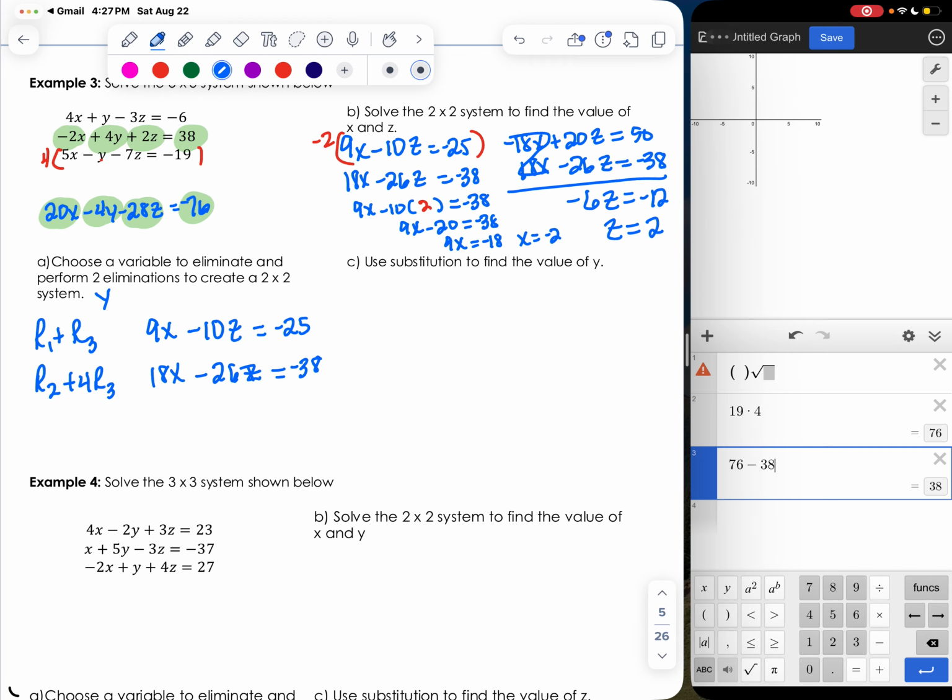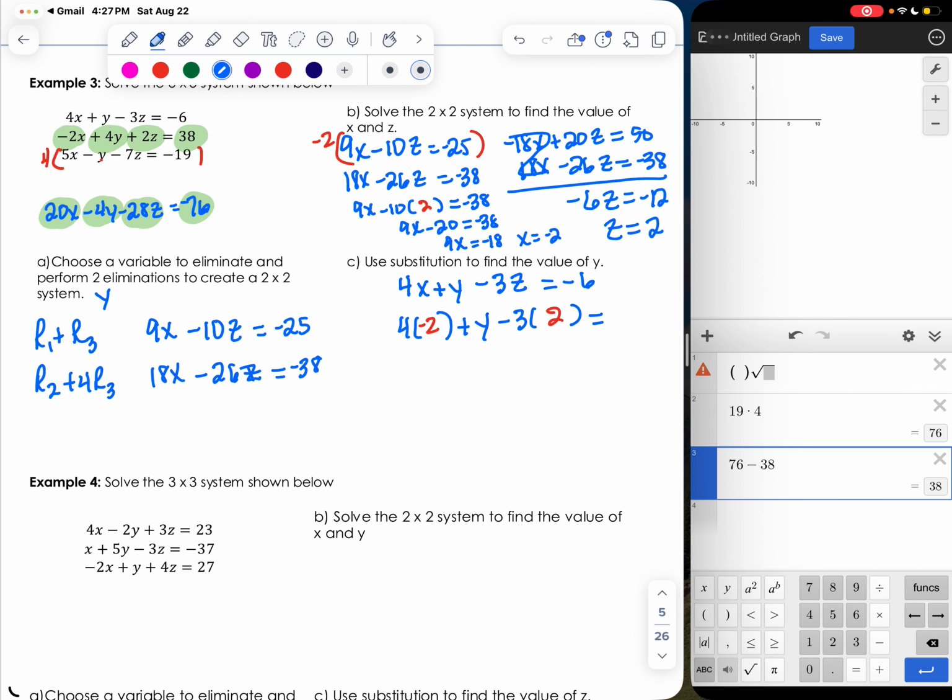All right, now finally, use substitution to find the value of y. From my original problem, I'll just write down the first equation, and I'll plug in my known values. I know x is negative 2. I do not know y, but I know that z is positive 2.